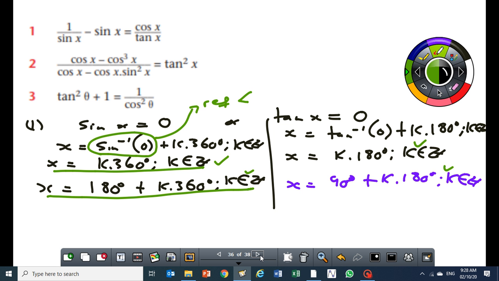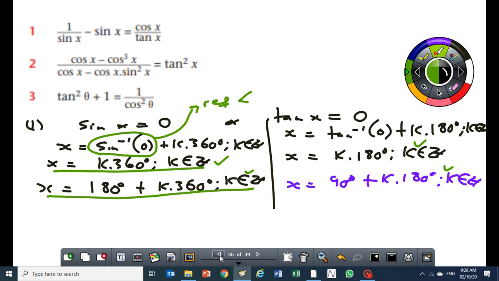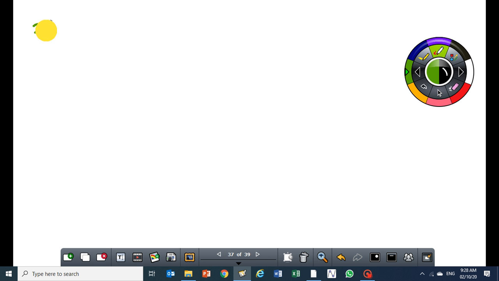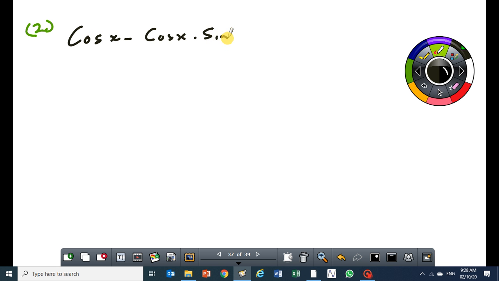So, on the next page, I'm going to rewrite this denominator and equate it to 0. So that's cos x minus cos x times sine squared x. Cos x minus cos x times sine squared x.